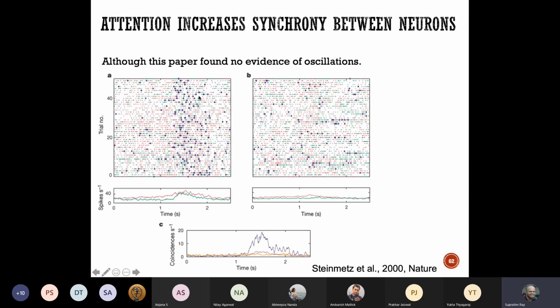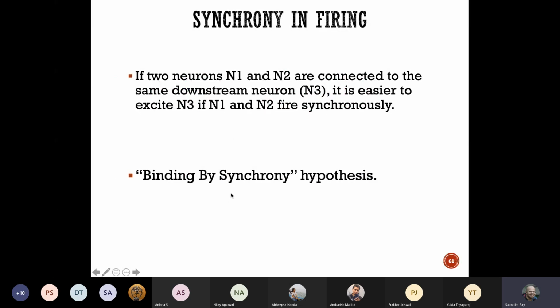When this binding by synchrony hypothesis was proposed, two neurons can be firing completely randomly, in the sense that their individual firing can be Poisson-like, but they still can be completely correlated with each other, completely synchronous.